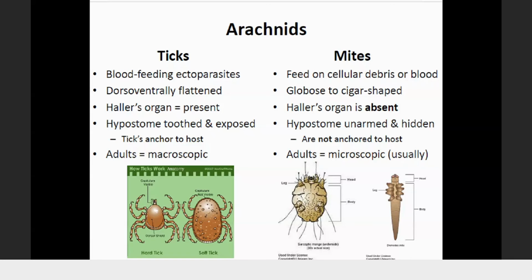Ticks are blood-feeding parasites, which means they suck blood. However, mites can feed on cellular debris, or on blood if there is a wound. So they do not pierce the skin and suck blood, but they can feed on blood whenever it is available from a wound.